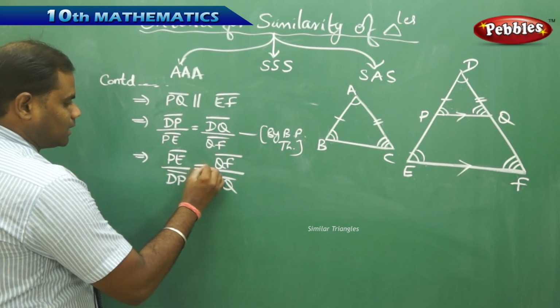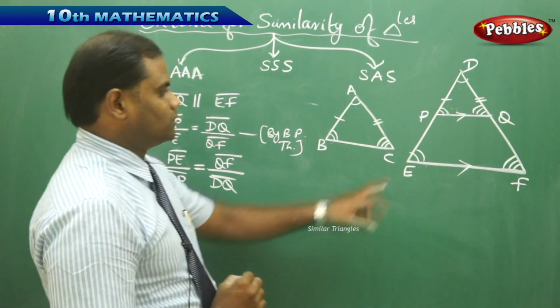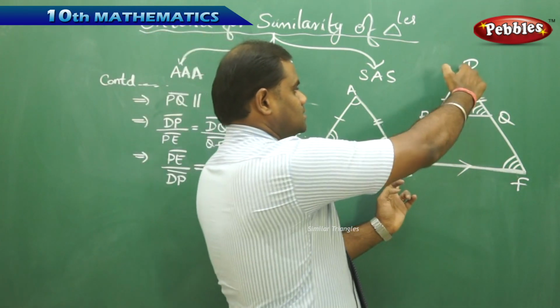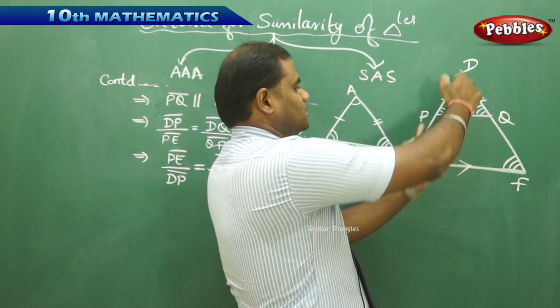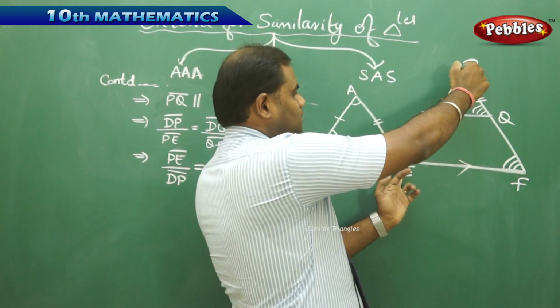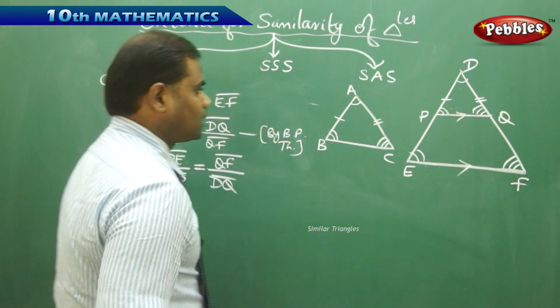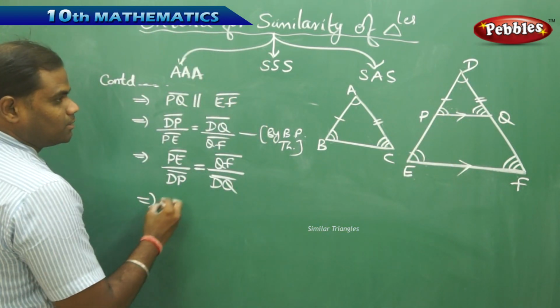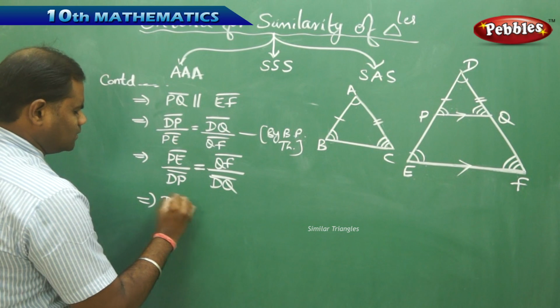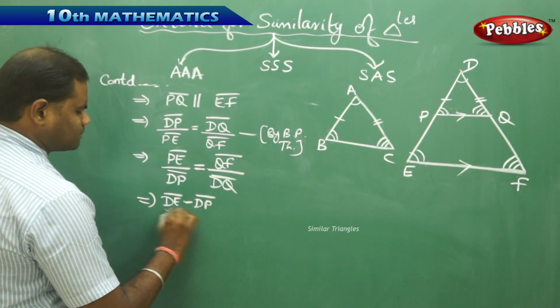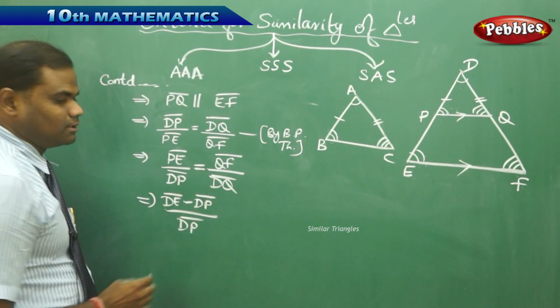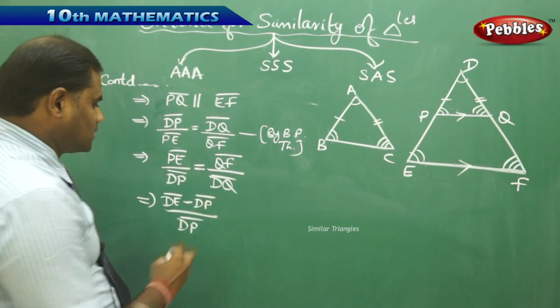Now here I have PE, which I clearly identify as DE minus dP, because the whole of DE minus this dP gives me the PE. Therefore, PE is substituted with DE minus dP, by dP, on the left hand side.